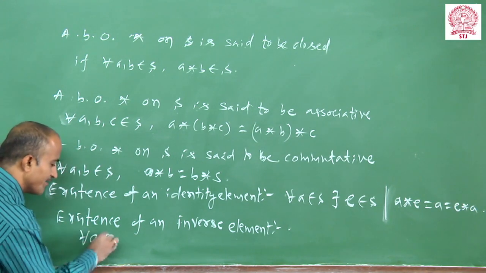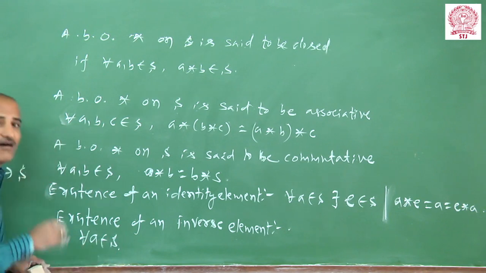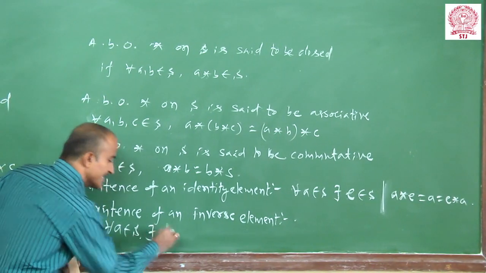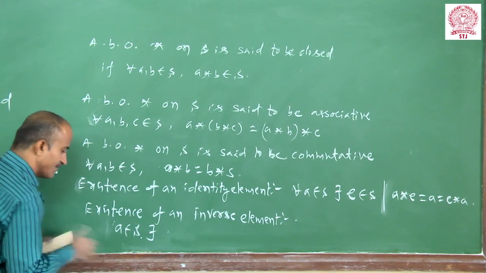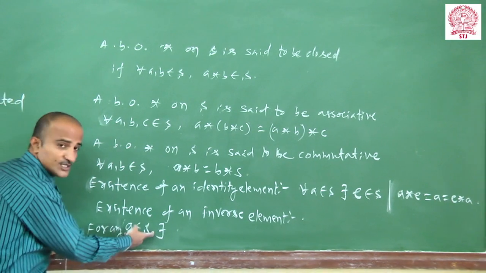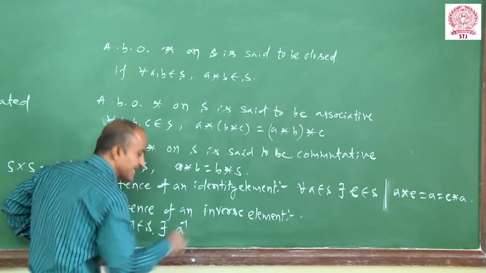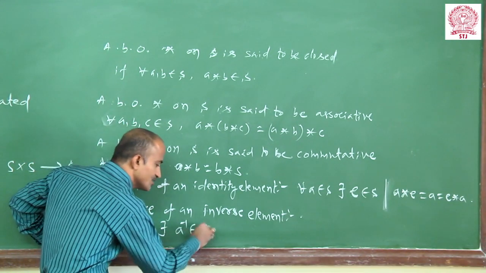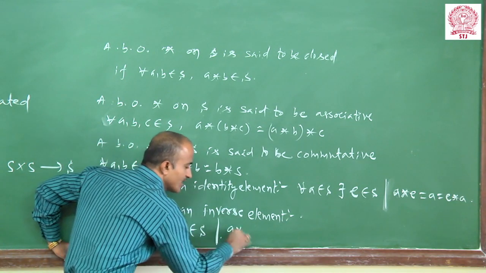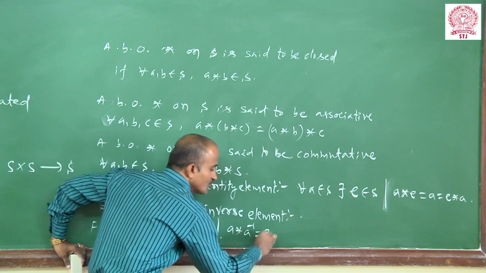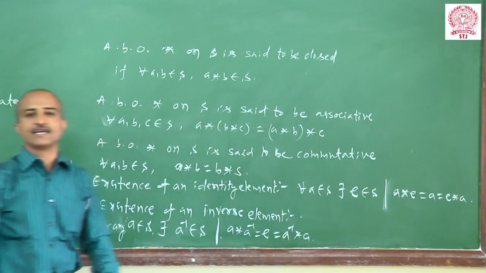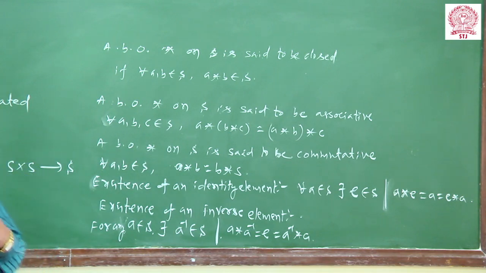For any element A belongs to S, there exists an element A inverse belongs to S such that A star A inverse is equal to E equals A inverse star A. Just keep these things in your mind.